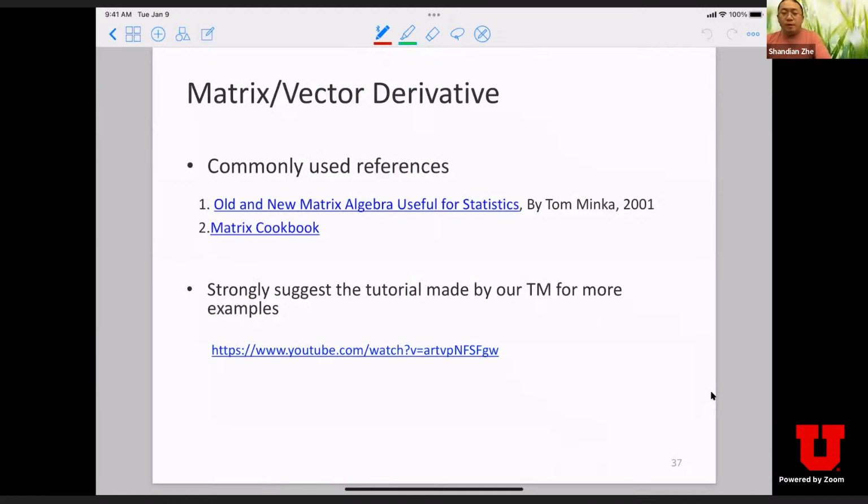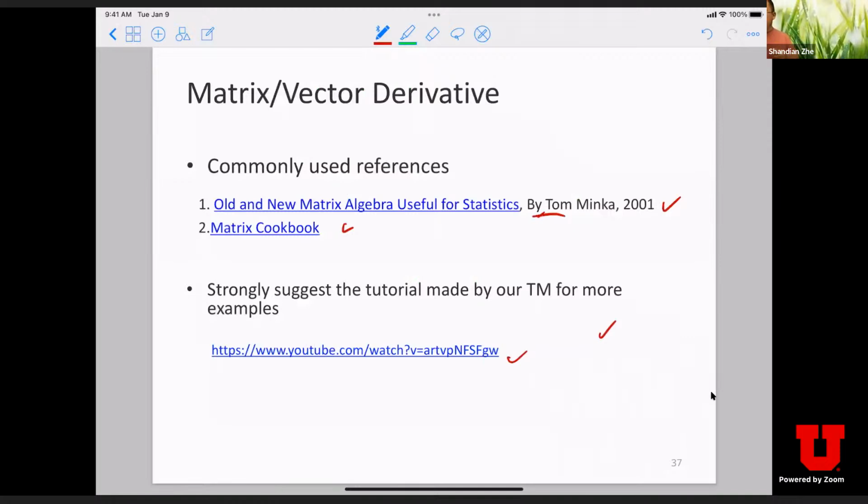Okay, so although we just listed a set of commonly used rules, very popular, very useful, if we want a more complete dictionary, we suggest 2 references. One is written by Tom Minka in 2001.